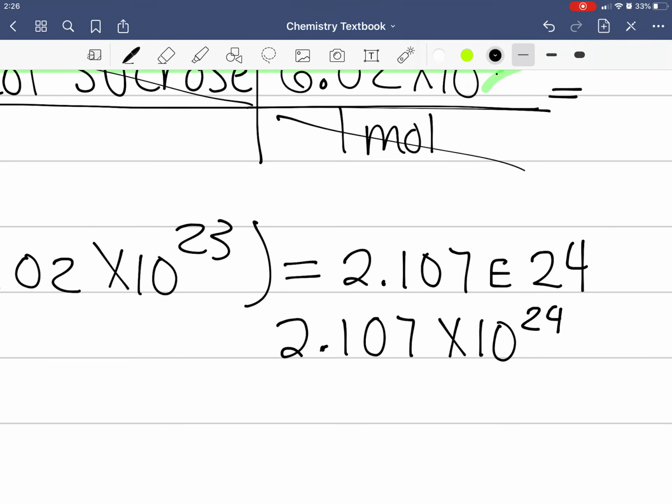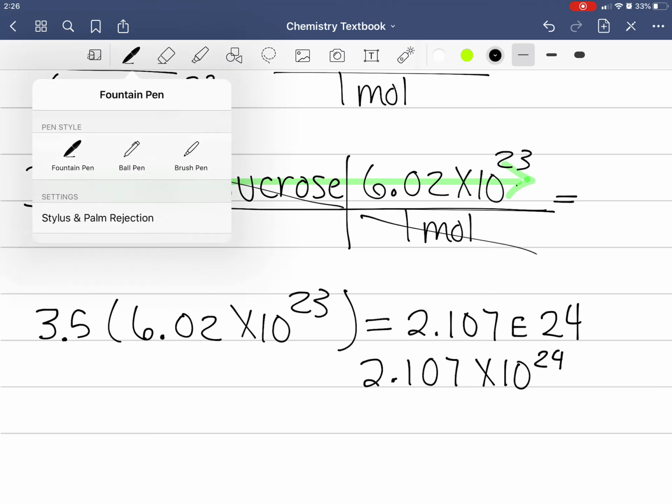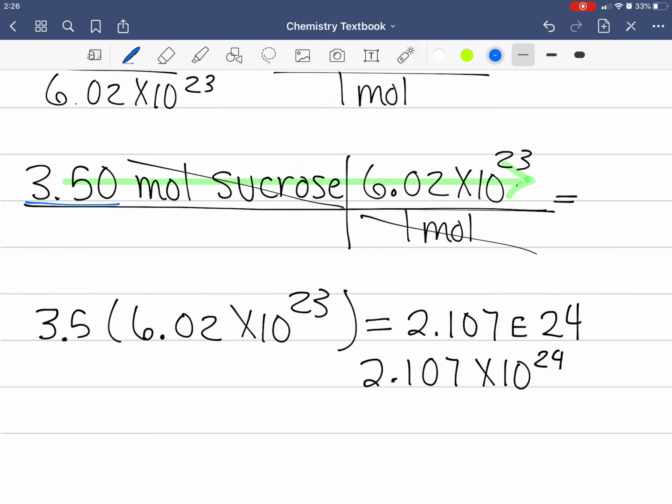So another thing to keep in mind whenever you're doing these problems is that you have to look at your sig figs. So 3.5 has 3 sig figs. Avogadro's number, the one we used, has 3 sig figs. My answer over here has 4 sig figs. So I need to round it to 3.